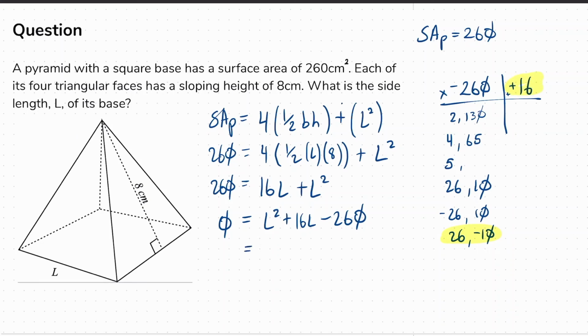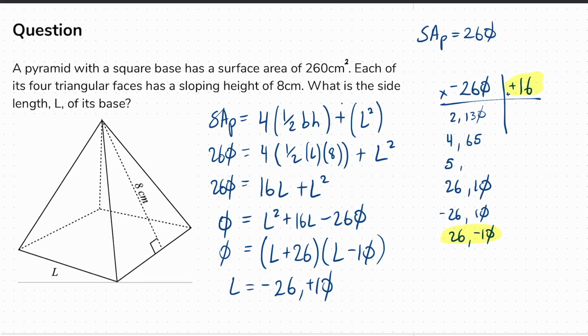So that gives me L plus 26 times L minus 10, either equaling 0, so L equals negative 26 or positive 10. L cannot be a negative number, right? We're dealing with measurements. Therefore, because L is greater than 0, because it's making a shape, L is equal to 10 centimeters.